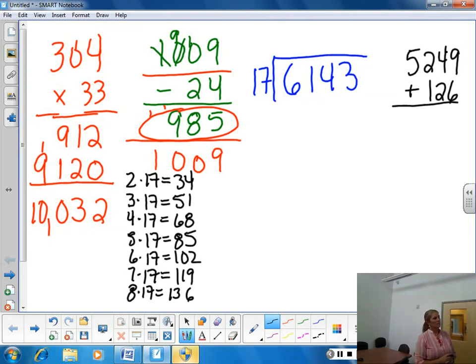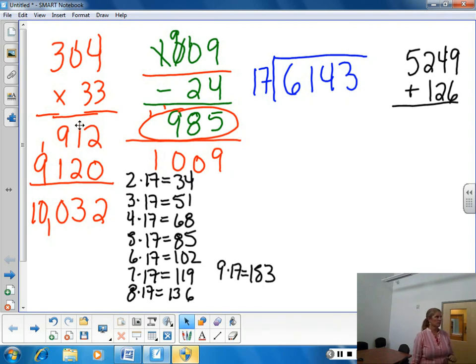And 9 times 17 is going to be 153. Notice my pattern when I multiply by an odd number like 17, my answers are even, odd, even, odd, even, odd, even, odd. So that's just an interesting little fact.